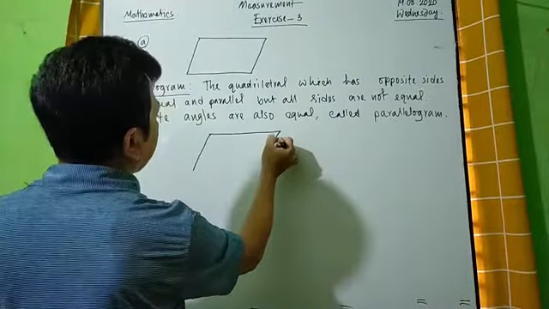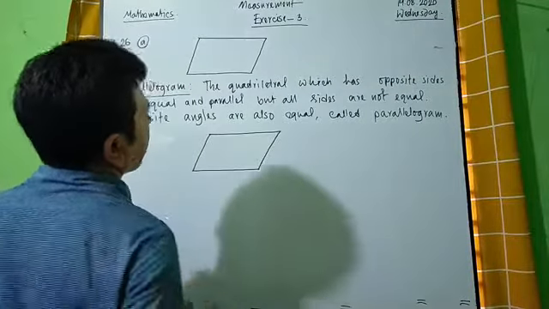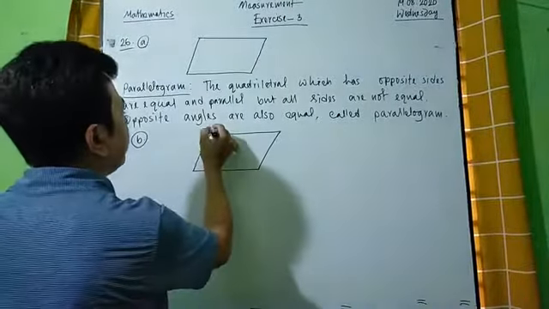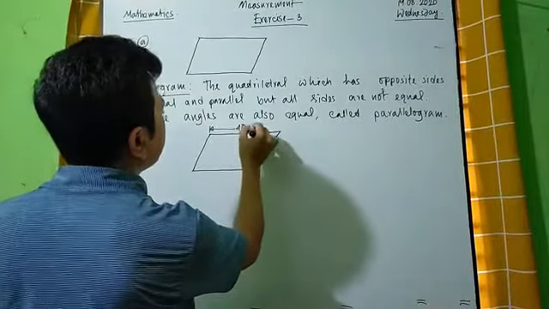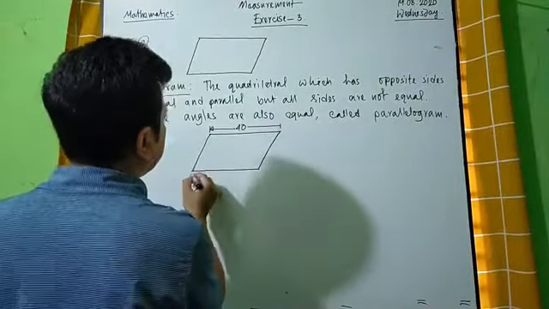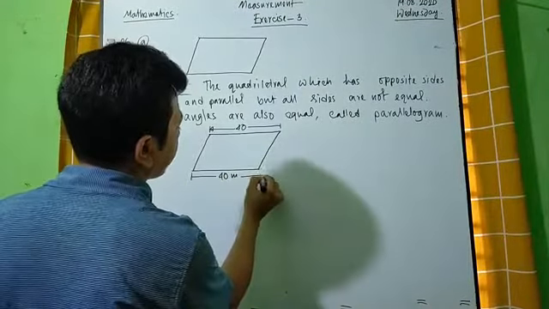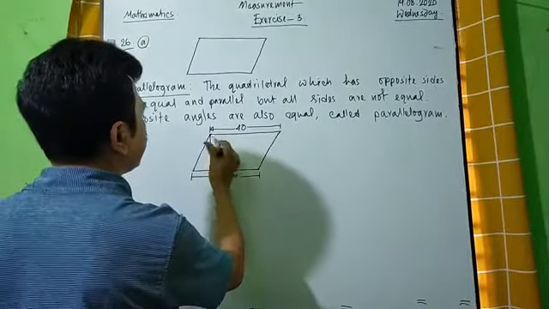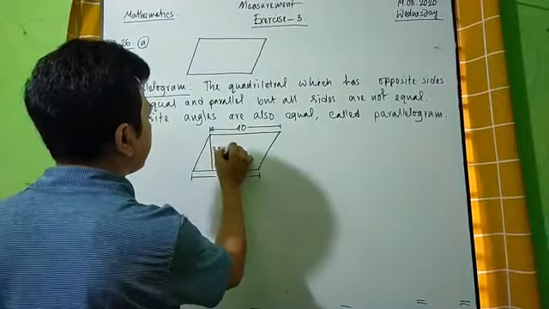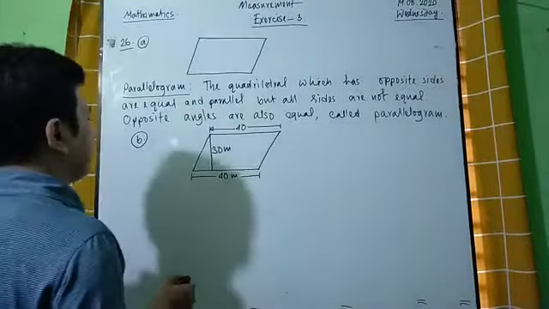We have been given 40 meter is the base of the parallelogram, and 30 meter is height. This one is height, 30 meter. We have to find the area of the parallelogram.